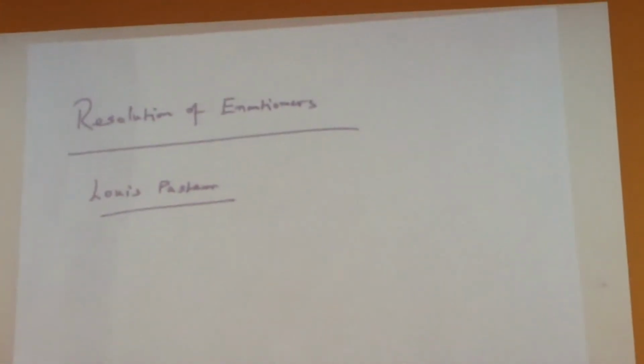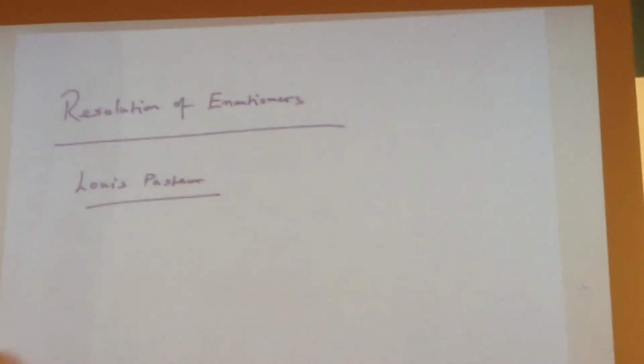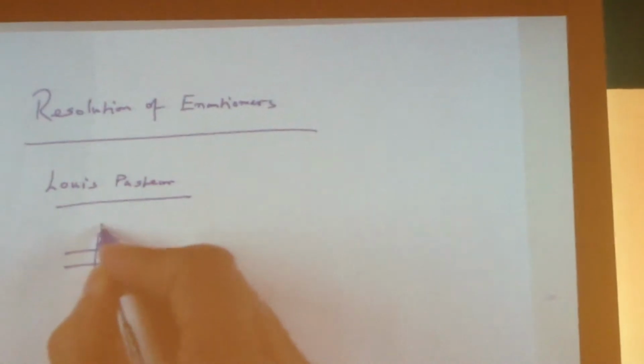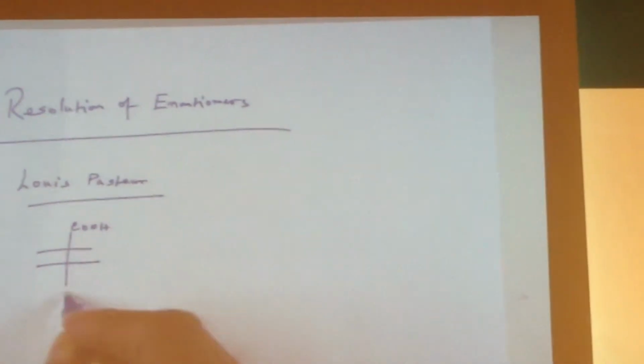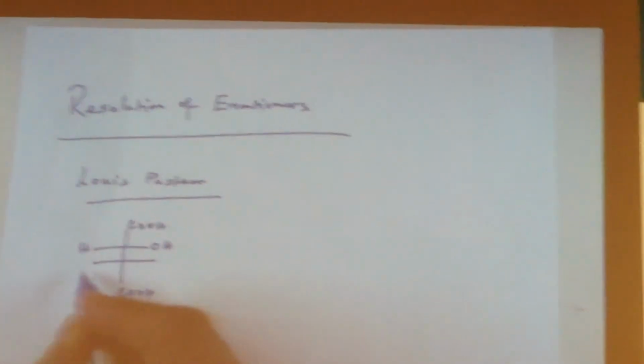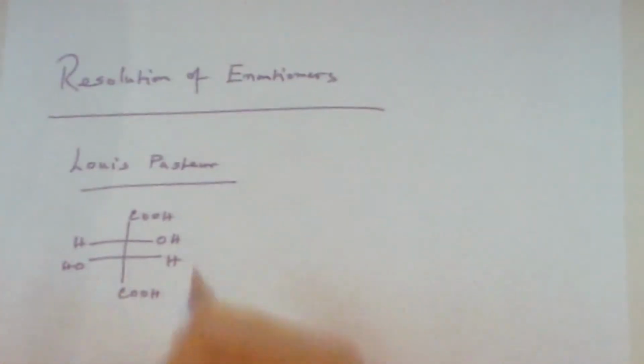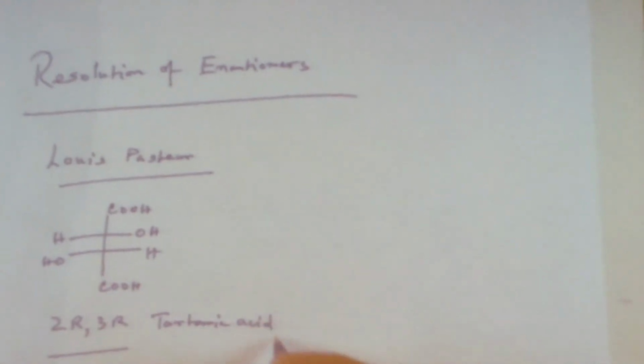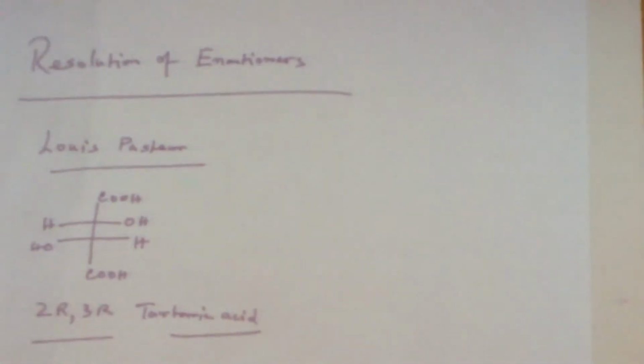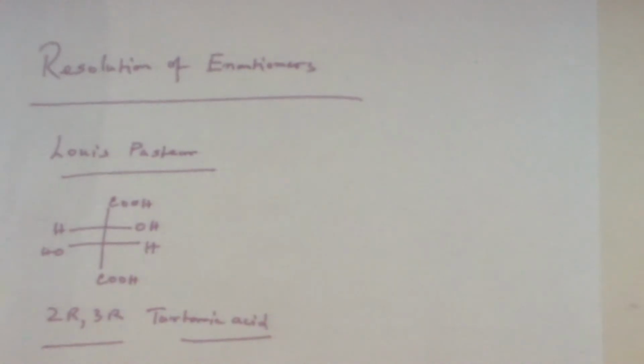One of the compounds that he worked with was tartaric acid. And tartaric acid has this formula, COOH. Tartaric acid actually is a side product during wine making.